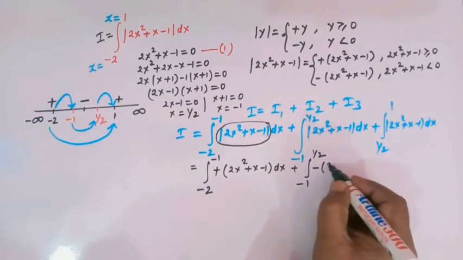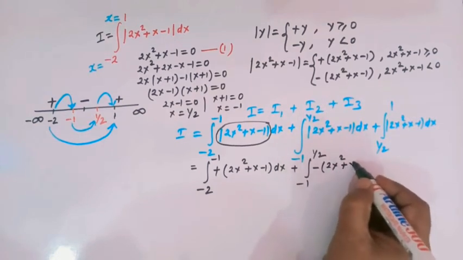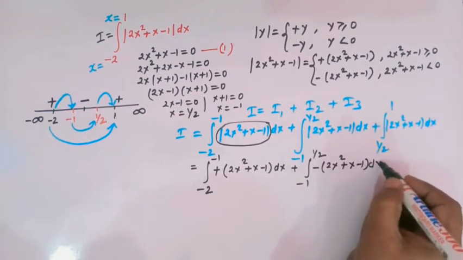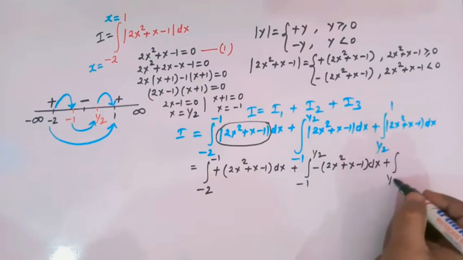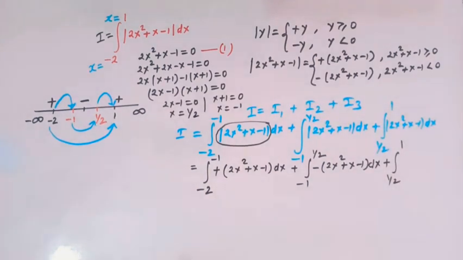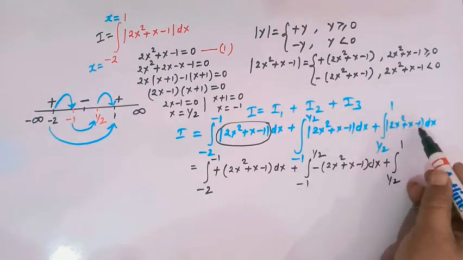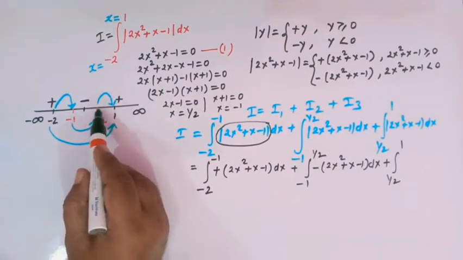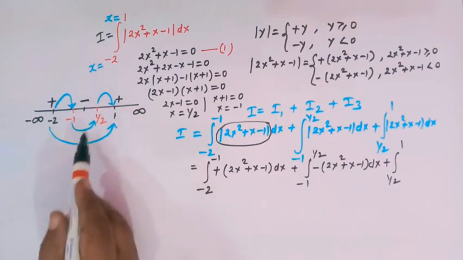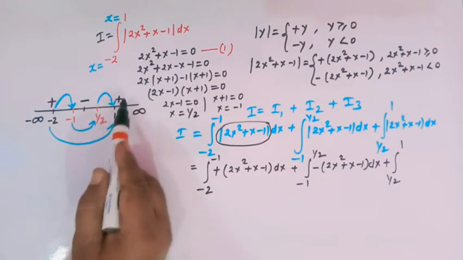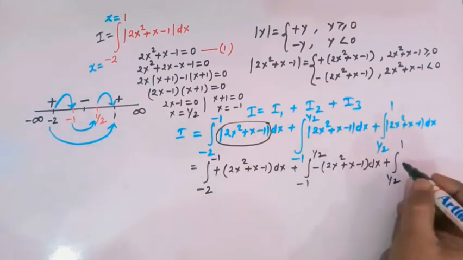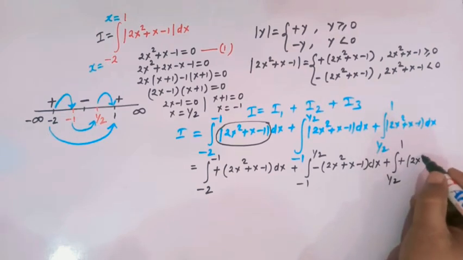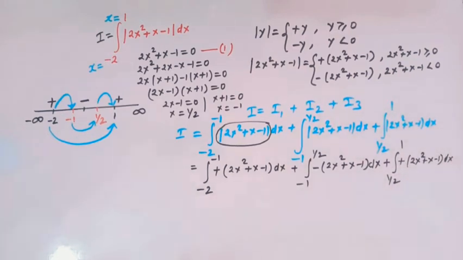So we have minus 2x square plus x minus 1 dx, and then we have half to 1, and the mod of 2x square plus x minus 1 has the positive sign from half to 1. So this is 2x square plus x minus 1 dx, right?